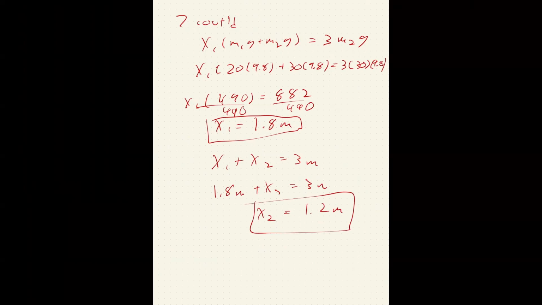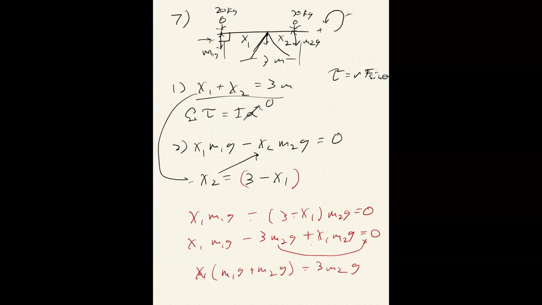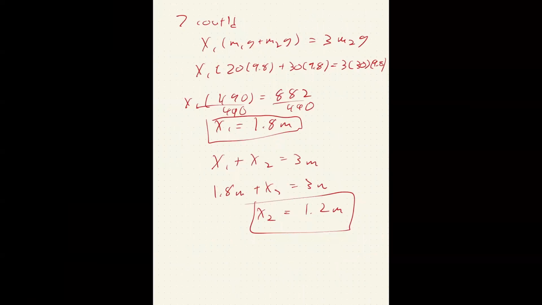Now we'll double check. x2 is the heavier child, so you see it does place him closer than the lighter child at x1. x1's farther away. So does our answer make sense? Yes. Problem 7's done.